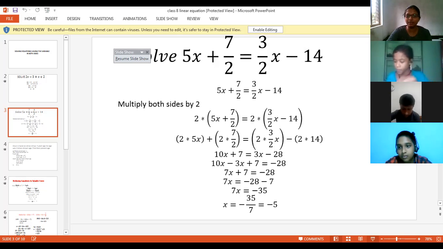How will you get the answer? Please find the LCM of 3 and 6. What is the LCM of 3 and 6?